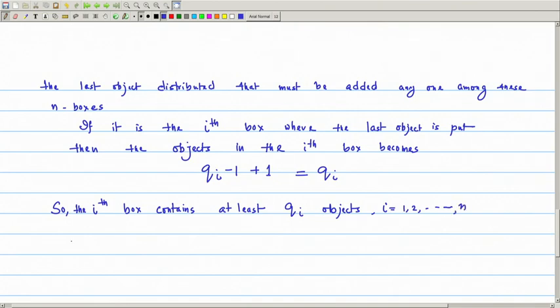So, it proves the statement of the strong form of the Pigeonhole principle.